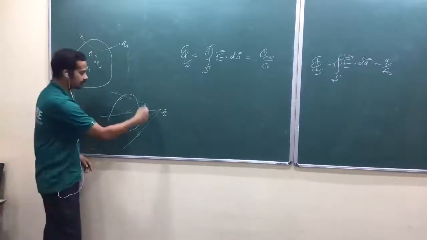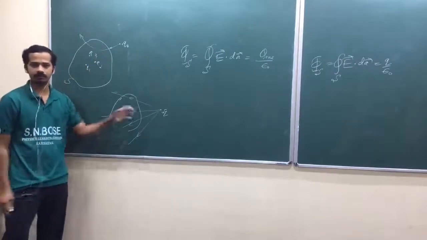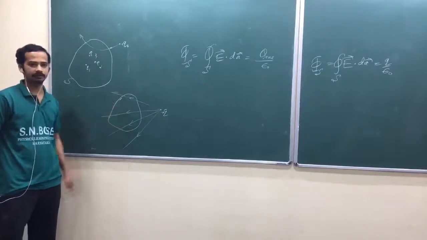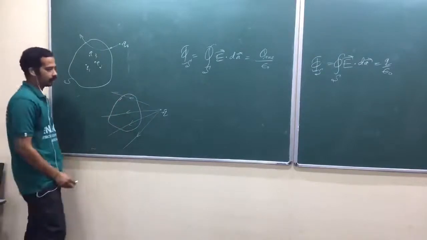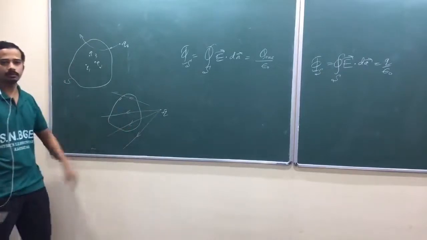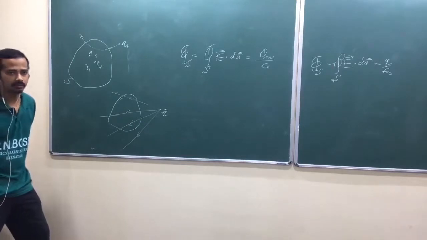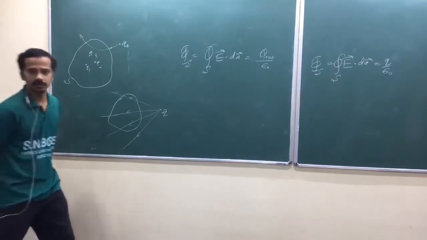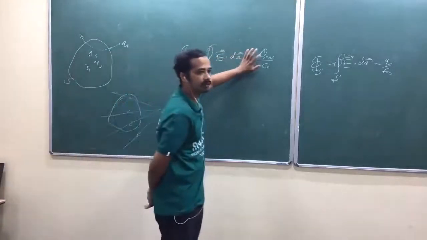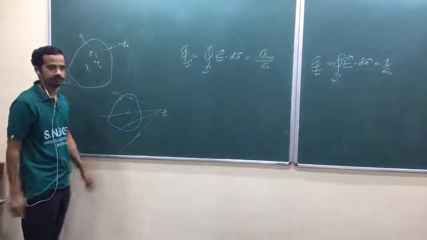The number of field lines going inside should go outward from another point of the surface, because they will not terminate midway. That's the idea. Is that okay? That's why charges outside the closed surface will never contribute to the flux. So flux always depends on the charge inside.